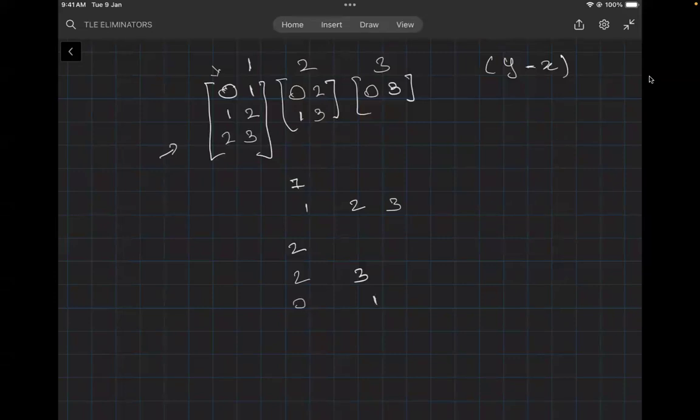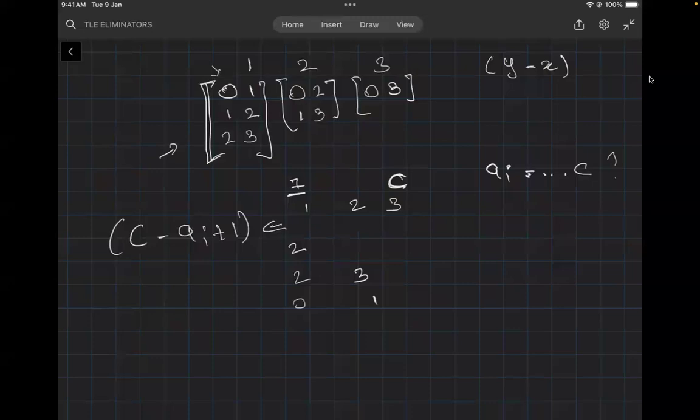Since I can take all values from this, let's see how many values there are from Ai to C. The number of values is just C minus Ai plus 1. Isn't it the number of pairs that we can make? Basically, I could take y as 1, I can take it as 2, I can take it as 3. Similarly, for 3, I could have taken it as 3.